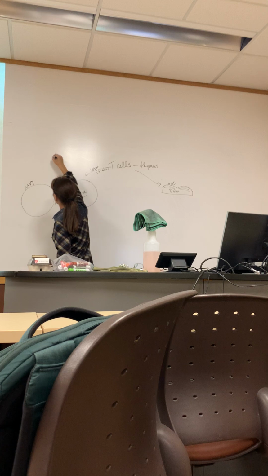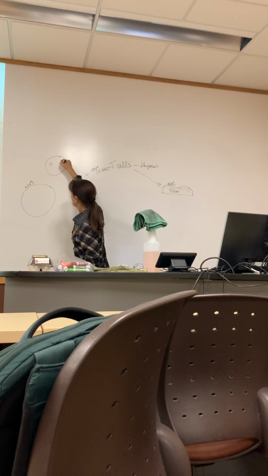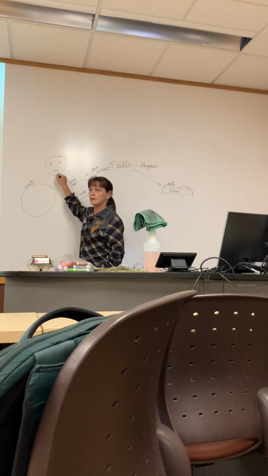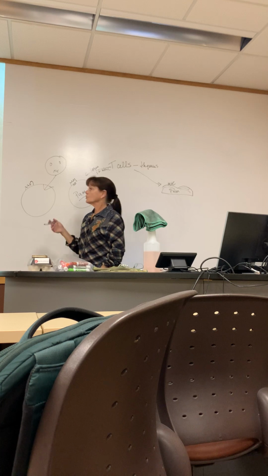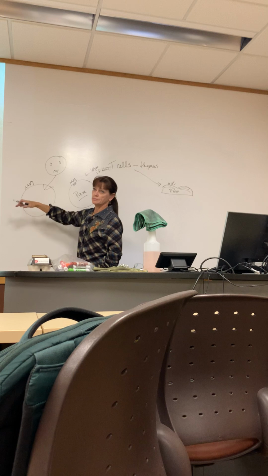Here's my T cell running around, looking around, saying, oh, that one's fine, but oh, that's bad, and I'm going to kill it. And that's part of tissue rejection, or organ rejection. Your immune cell sees that as foreign and destroys it.